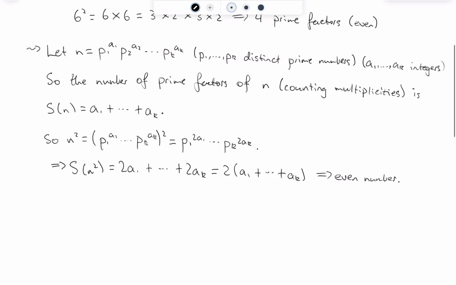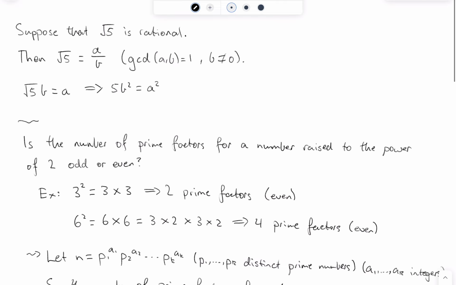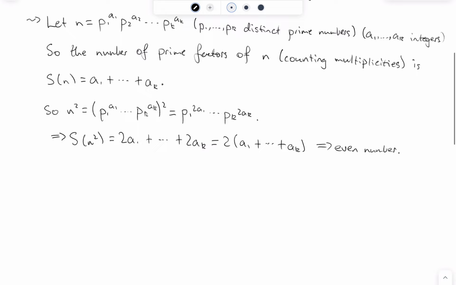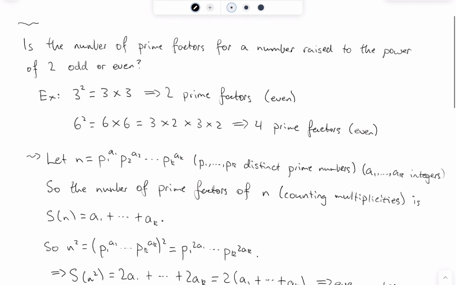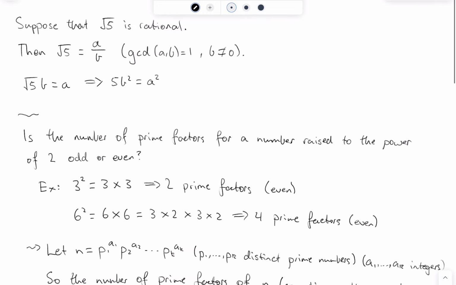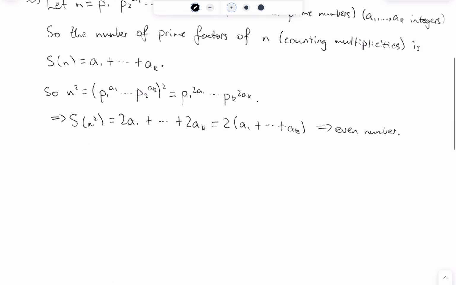So we're going to use this result for the rest of the proof. So back to where we started, we had that 5b squared equals a squared. I'll just rewrite that, 5b squared equals a squared.